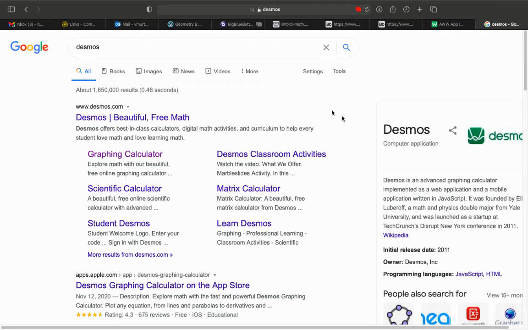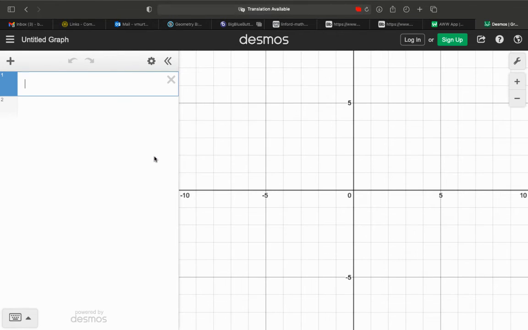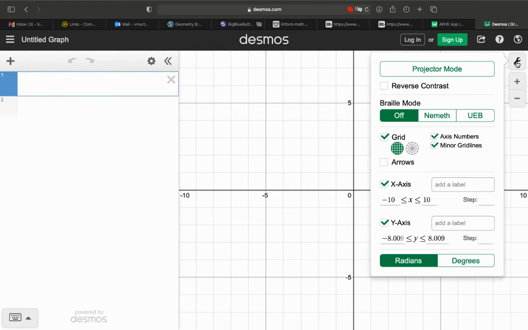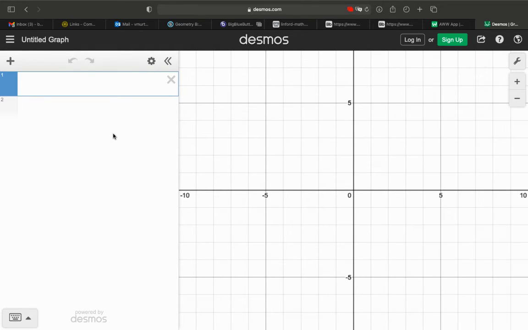So here, click on graphing calculator, and next, the most important thing is, before you start typing the values, we are dealing with degrees. So let me type here sine 30.